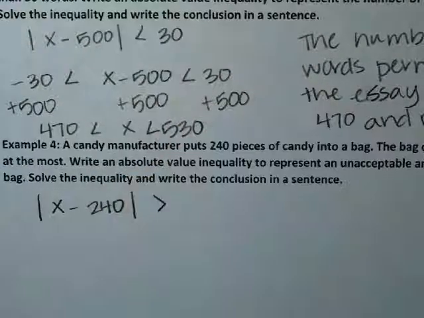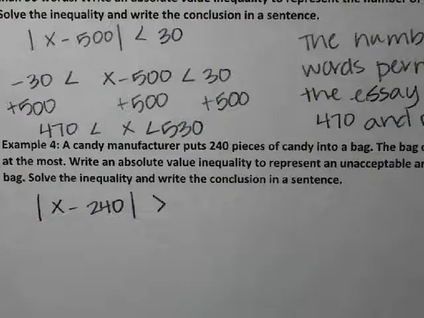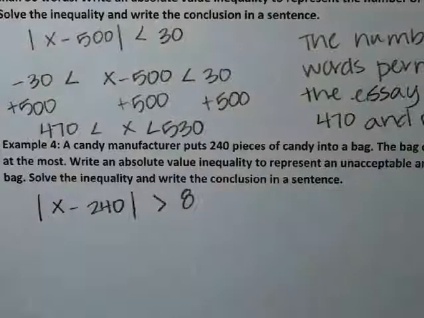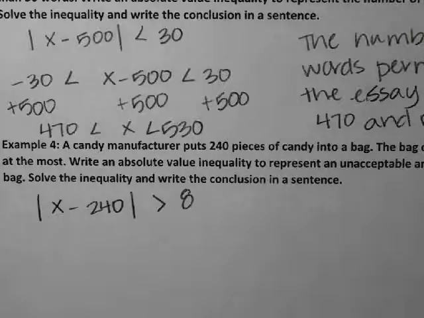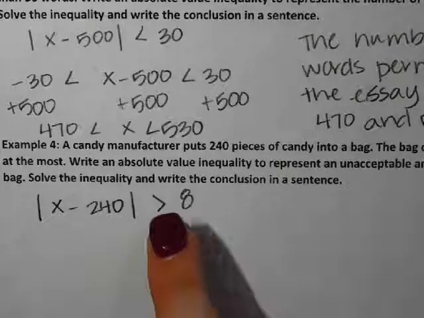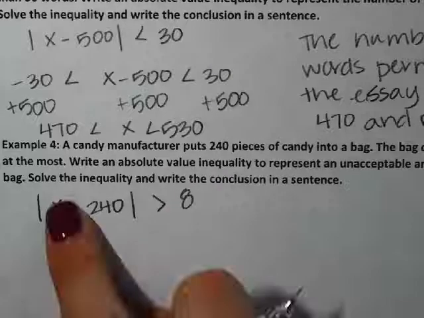Greater than 8, okay. So why do we not have the equal to? Yeah, so you can have 8 pieces off, but you can't have more than that, okay? So more than that, we're saying what is unacceptable here.